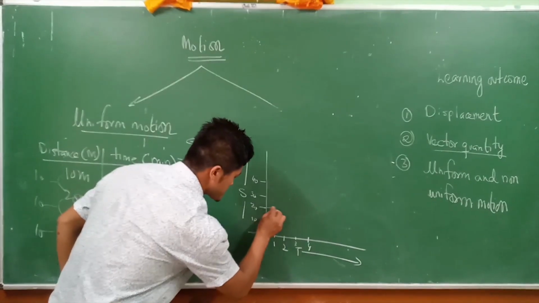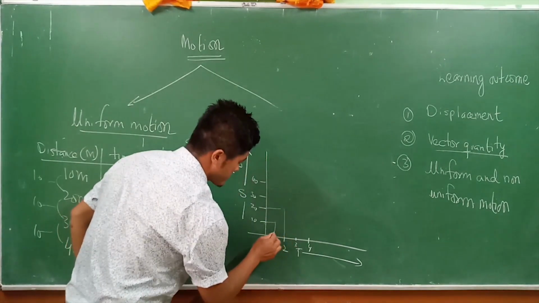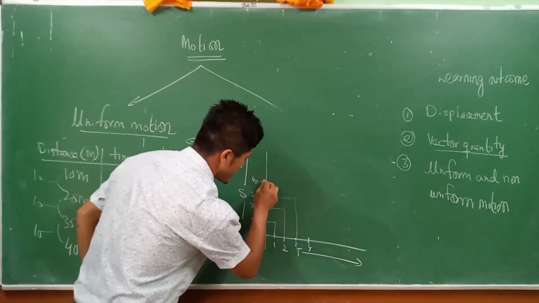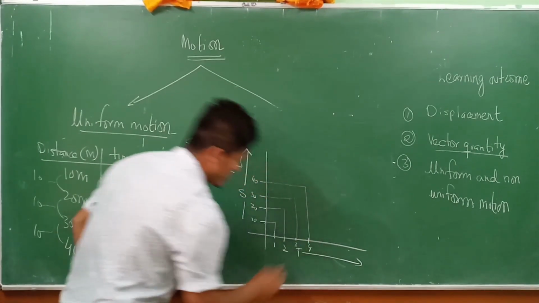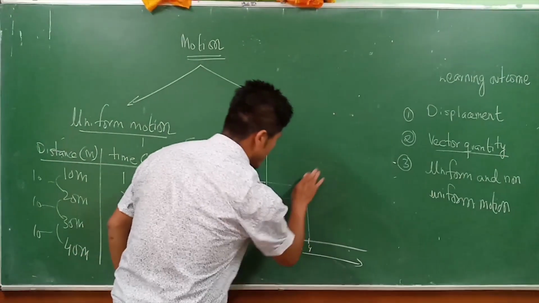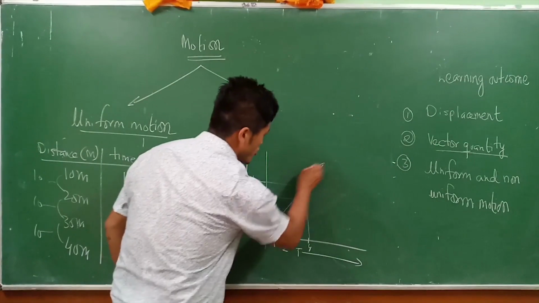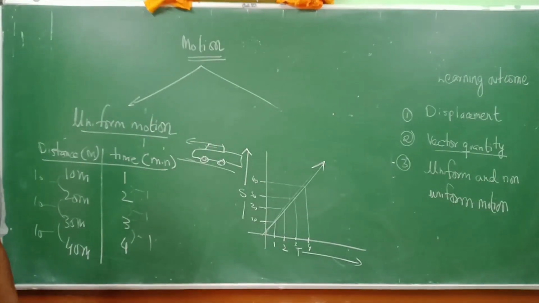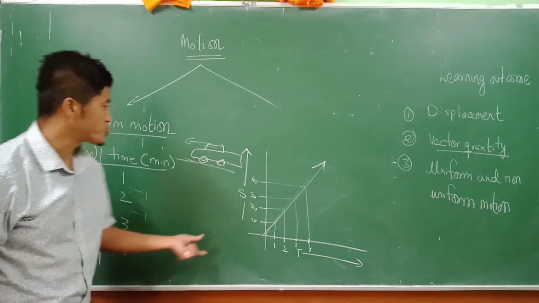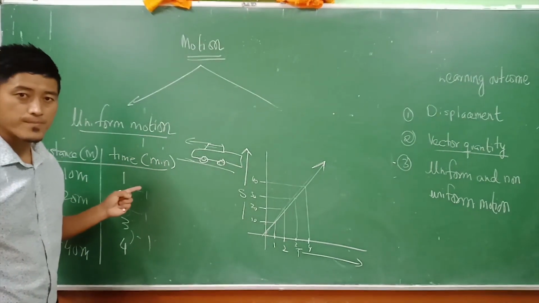In 2 minutes it is traveling 20 meters. In 3, 30, 4, 40. What you will come to know is that when you join all of this, you will get a straight kind of graph. Whenever you get a straight kind of graph, we call this kind of motion uniform motion.